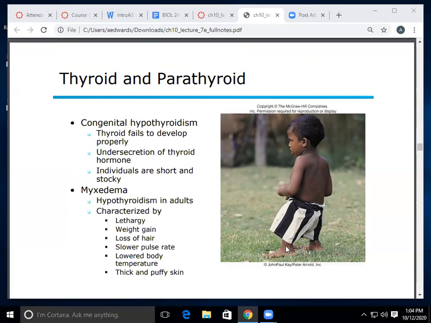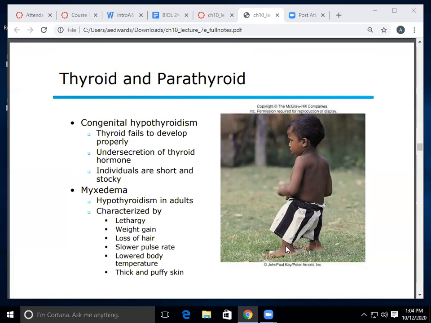And when you say congenital, this means this is a problem from development. Okay, so the thyroid's not developing properly. It leads to low secretion of thyroid hormone. And as a result of that, individuals are typically short and stocky. Okay.